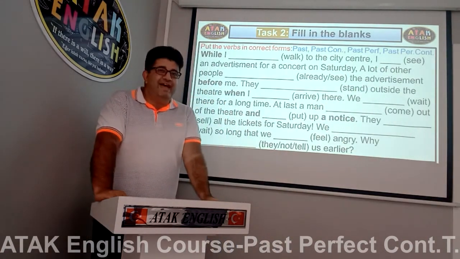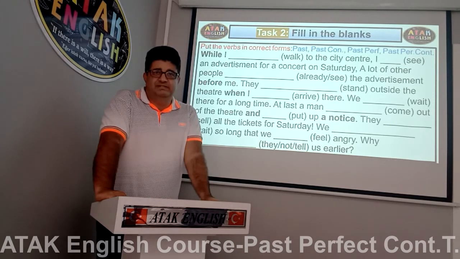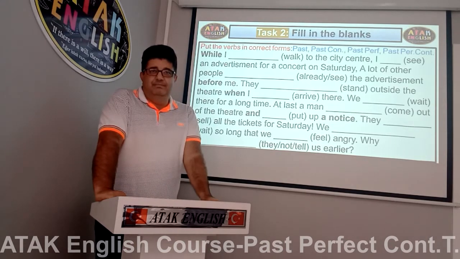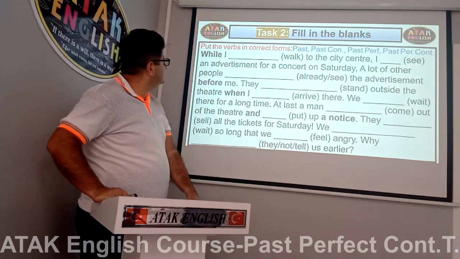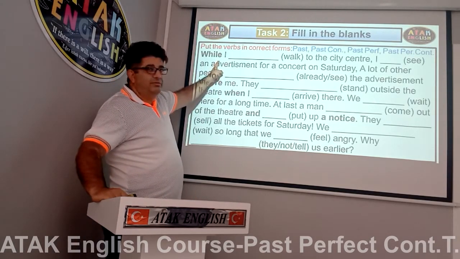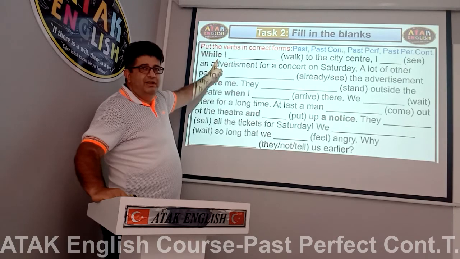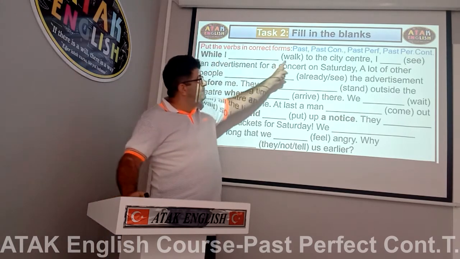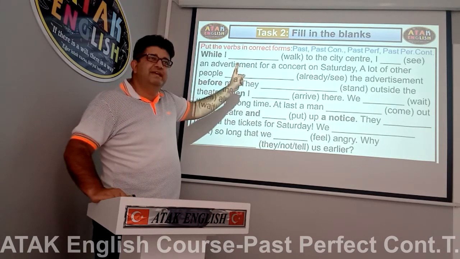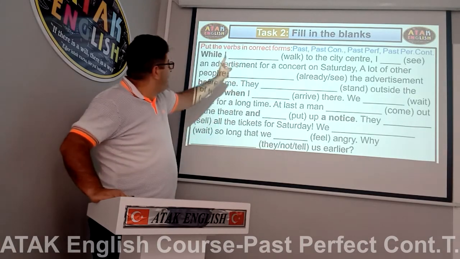So that is a fantastic practice for us to understand the four past tenses perfectly. Let's give it a start. While, okay, as soon as I see "while", remember, among these 4 tenses, which action is going to come after "while"?